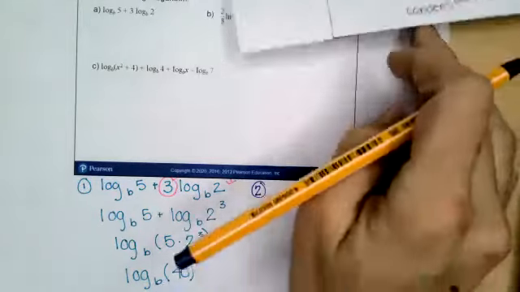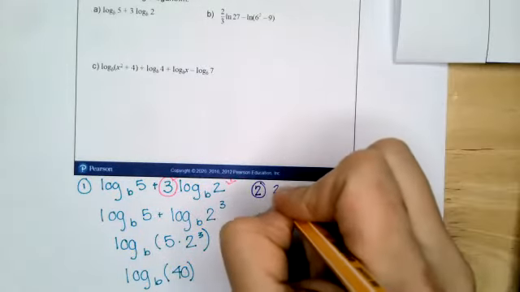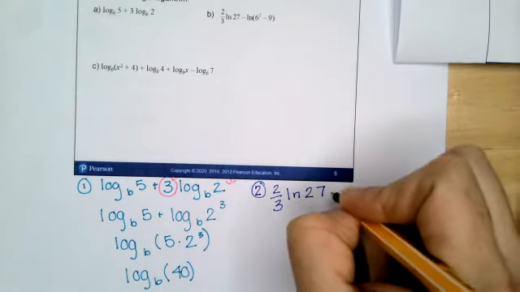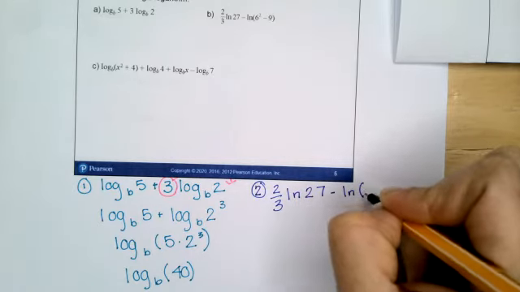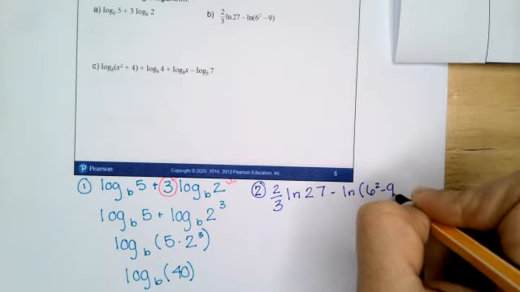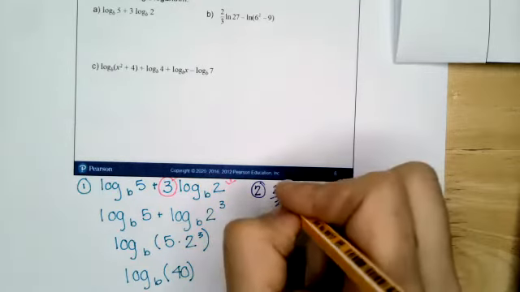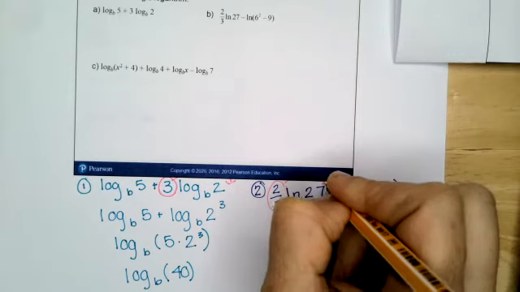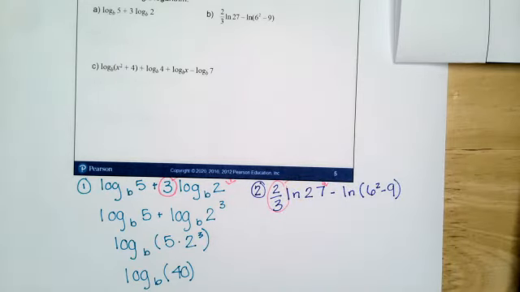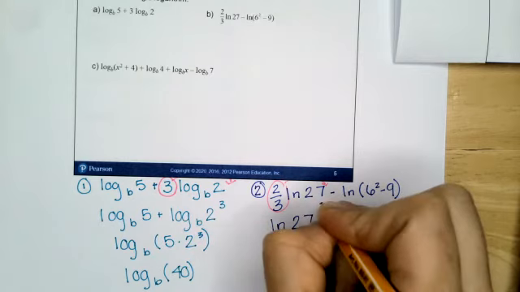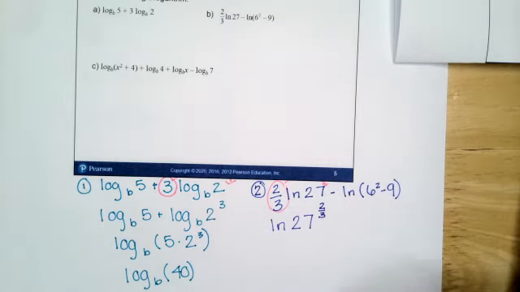The next one is 2/3 of the natural log of 27 minus the natural log of 6 squared minus 9. Good. Let's move the 2/3 back to exponent position. So it will become the natural log of 27 to the power of 2 over 3, right?